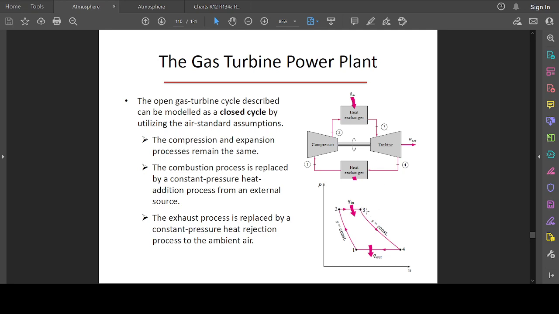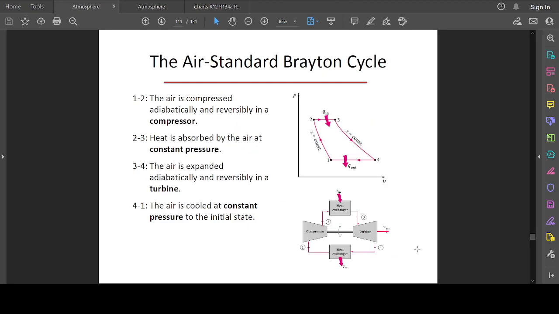This expansion process happens in the turbine and reduces the pressure to stage 4, and from stage 4 to stage 1 the remaining heat will be removed from the system as it returns to its original state at 1, and it's also an isobaric process. Okay, so in this case we have mainly two isobaric processes and two isentropic processes.